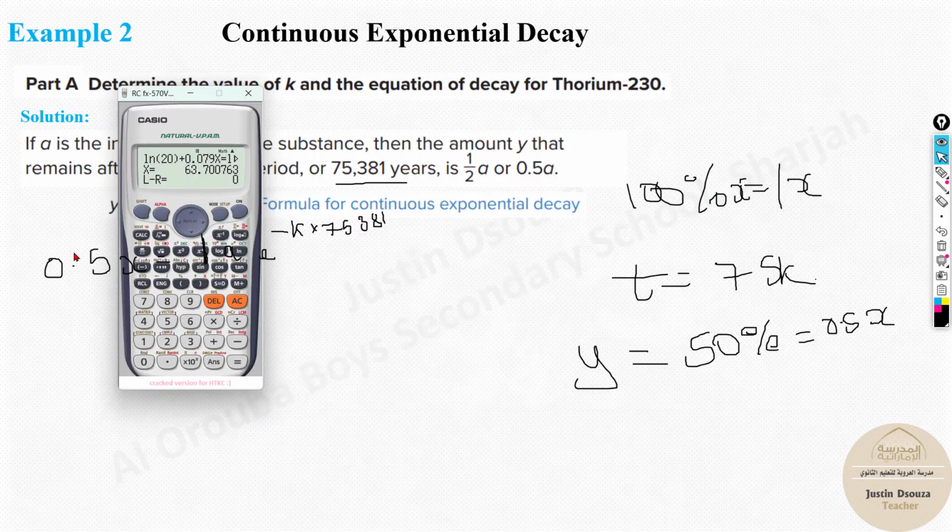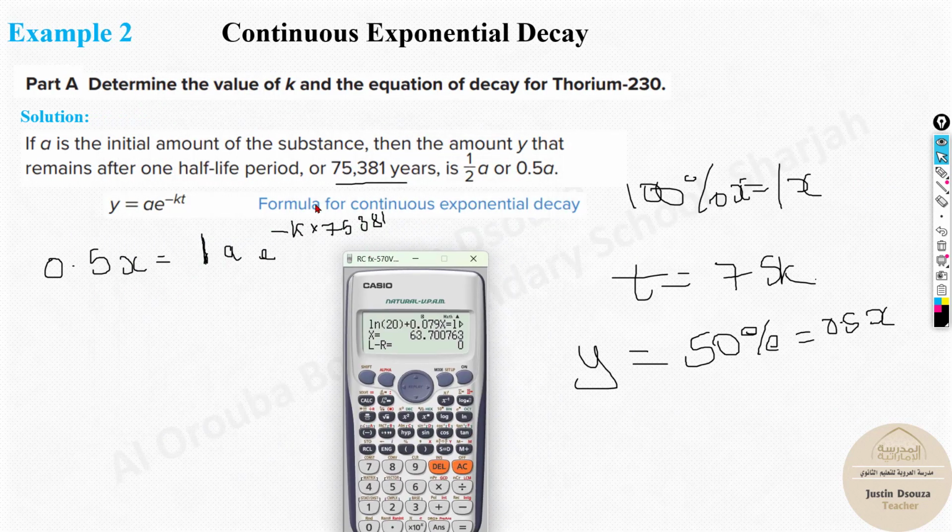If you're wondering why 0.5, that means after 75,381 years, thorium reduces to half of its initial value, that is 50%, 0.5, half.